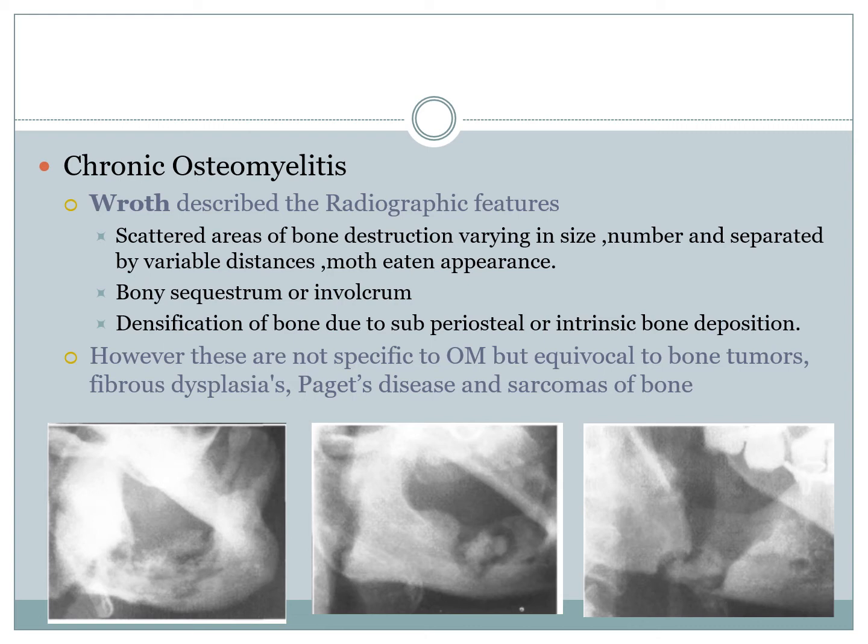We can also see in the radiographs a moth-eaten appearance, bony sequestrum, and densification of the bone due to subperiosteal or intrinsic bone deposition. The differentials are mainly bone trauma, fibrous dysplasia, vasculitis, and sarcomas of the bone.